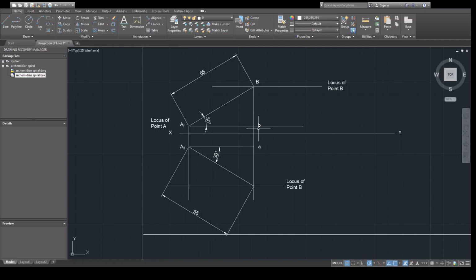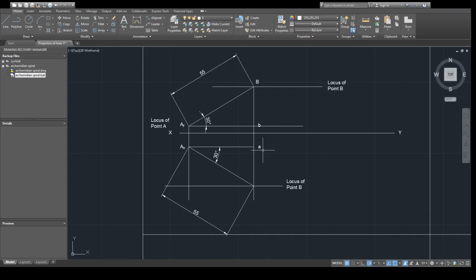Okay, so the notations are not so important, this is for your simplicity, you can change the notations, but remember: for front view notations we will use AF, BF, for top view notations AH, BH, and XY points remain the same, and theta is for inclination with respect to HP, and phi is inclination with respect to VP.